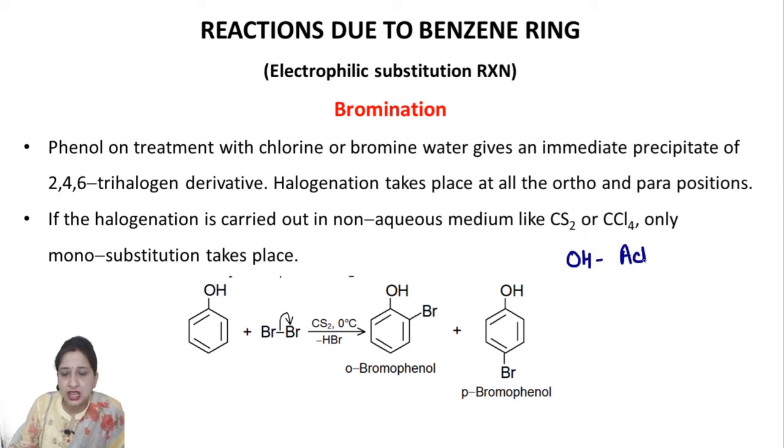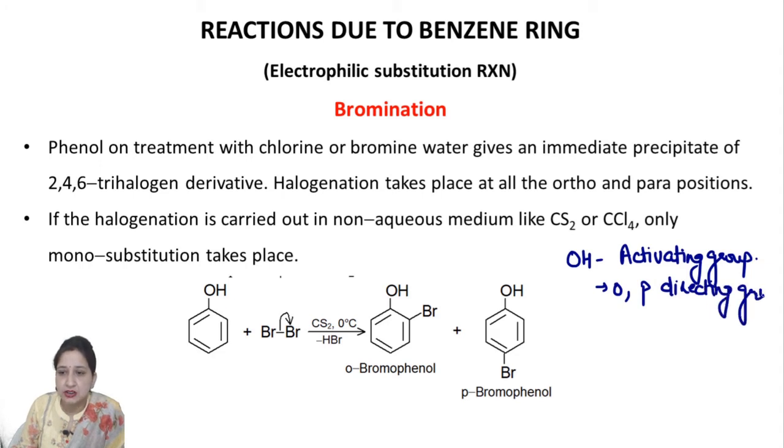OH is an activating group, means it activates the benzene ring towards electrophilic substitution reaction at which position? Ortho and para position, because it increases the electron density at ortho as well as para position.